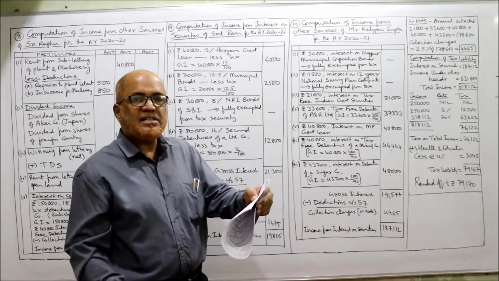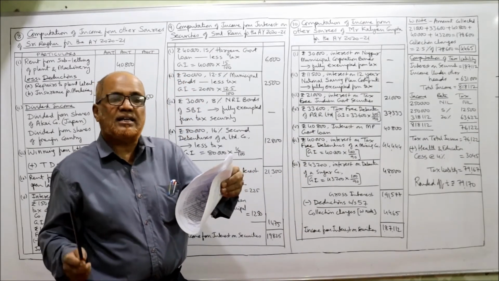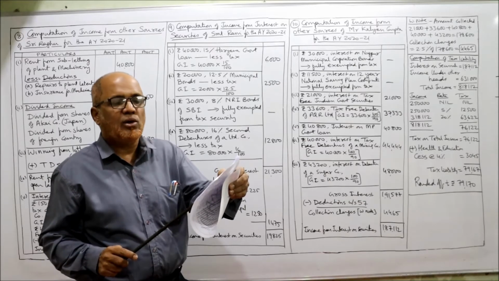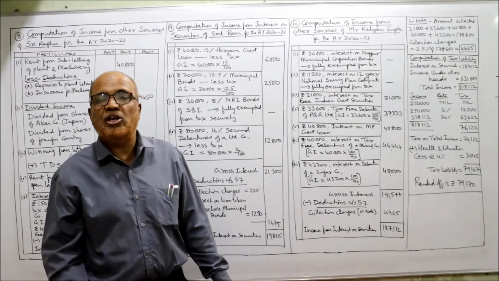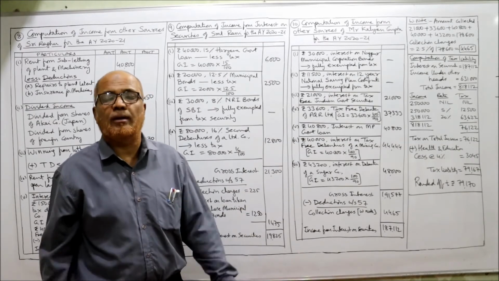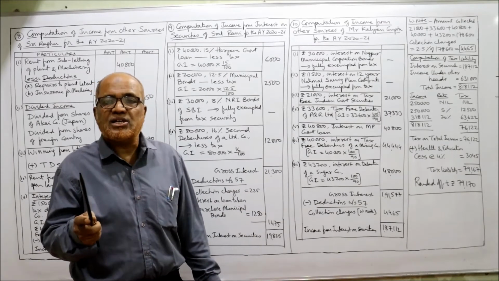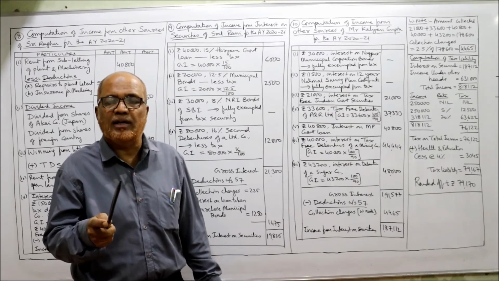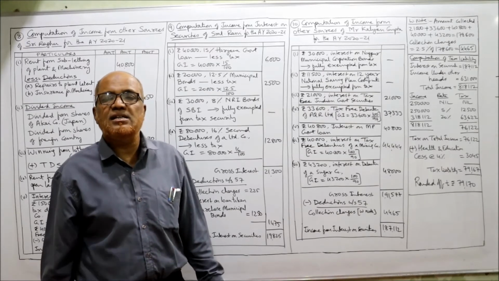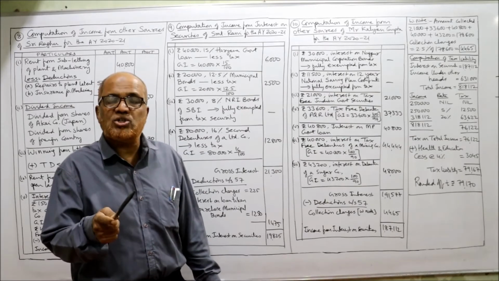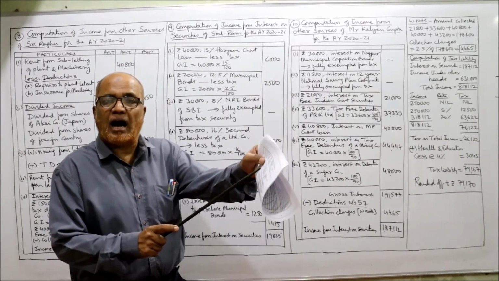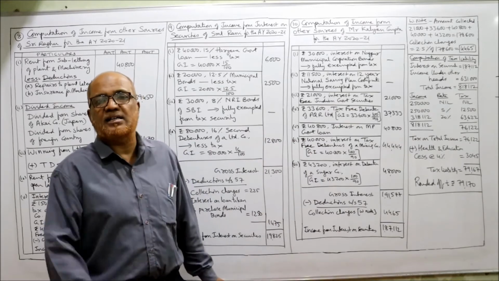Next one, rupees 33,600 tax free debentures of PQR Limited. So tax-free debentures of PQR Limited means commercial. It is the tax-free commercial security. So the interest received is the net interest. Tax-free commercial security, interest amount given is the net interest amount.